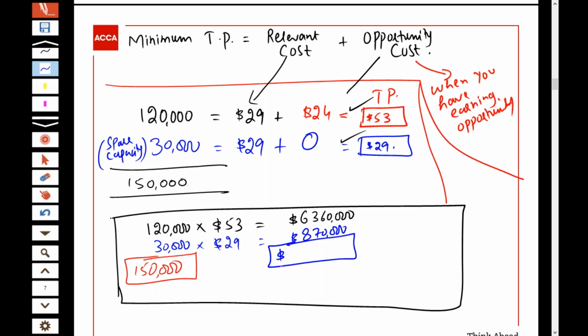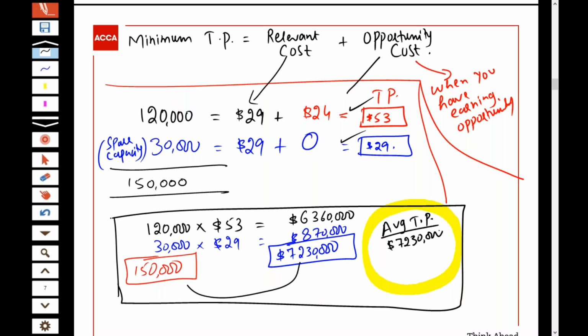Now the total revenue is 7,230,000. My average transfer price will be 7,230,000 divided by 150,000, which is 48.2. That is my answer.